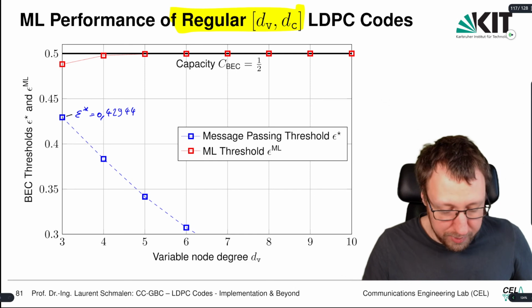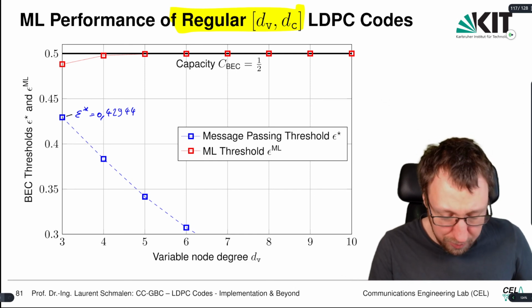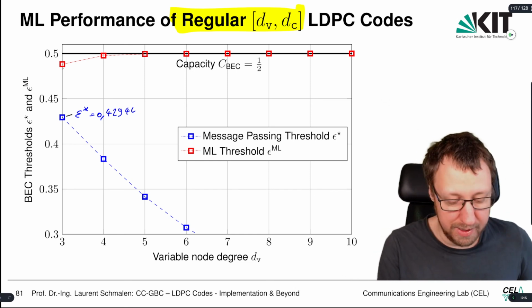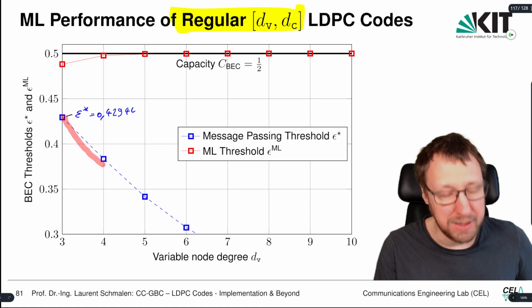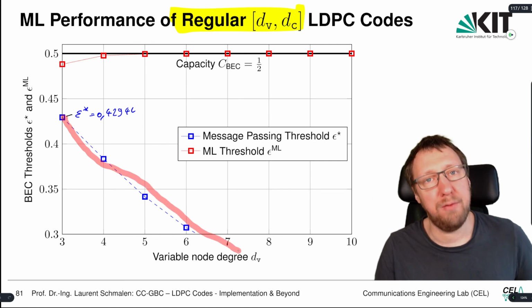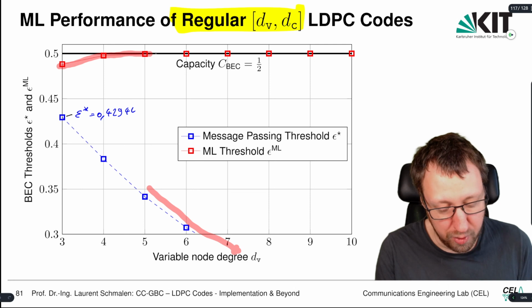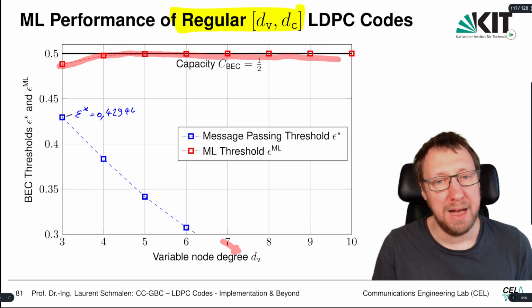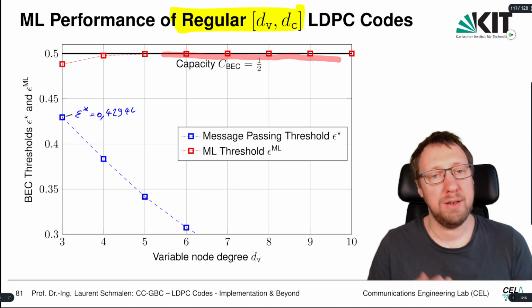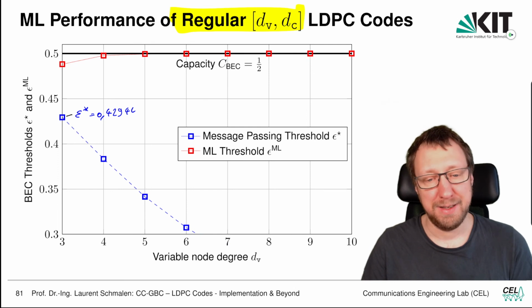And we plot the maximum likelihood decoding threshold. We see that the message passing threshold decreases very rapidly if we increase dv, but the maximum likelihood decoding threshold approaches the capacity of the binary erasure channel extremely fast.